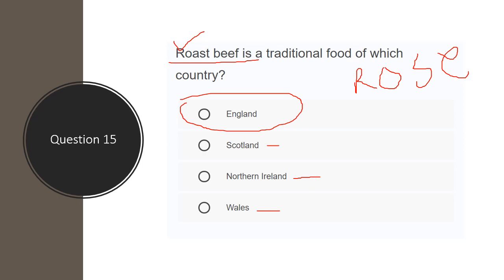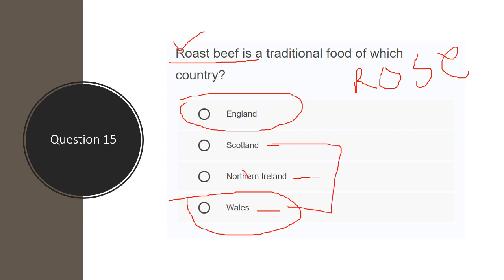Okay, now I can tell you that nobody is going to ask you whose traditional food is Welsh cakes, or what is the traditional food of Wales, and then the option is Welsh cakes. No, I mean that is very, very prominent, so they won't give you this question. So that means you just need to memorize or remember these two.